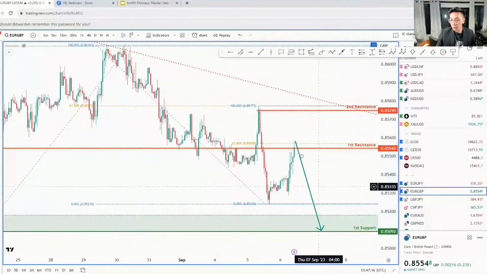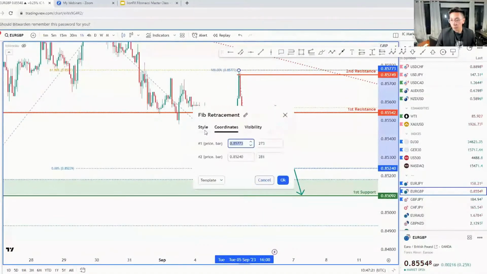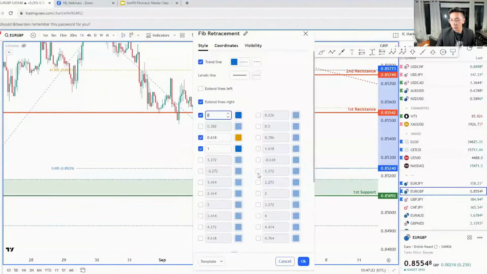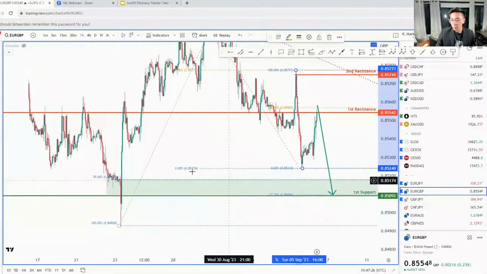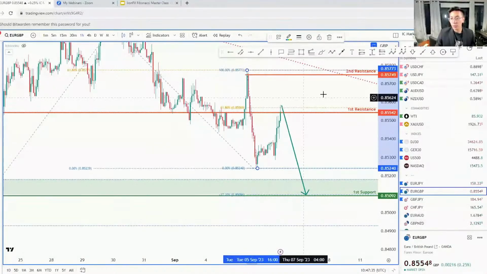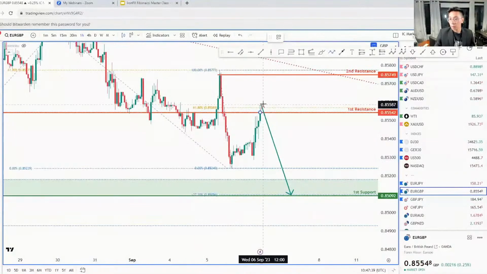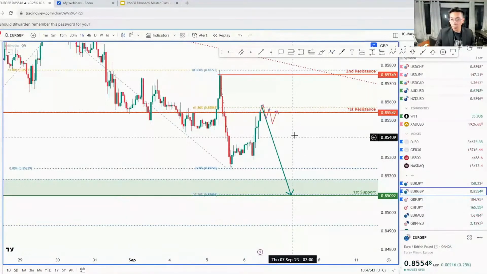Worst case scenario, you can see right here, the first support level, we have this negative 27.2% expansion level, right? Okay, so if let's say price does this, right?